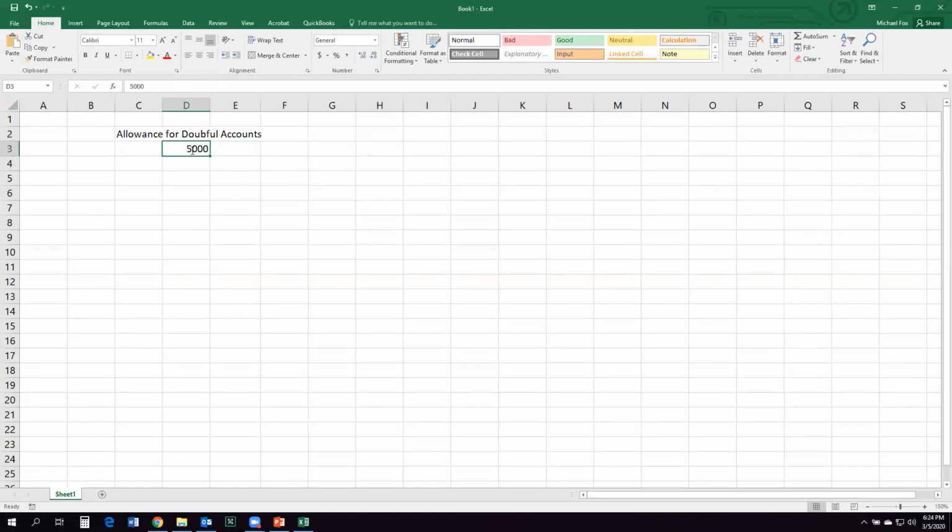Then they wrote off 500, but then they reinstated that 500, right? And then let's say throughout the year they wrote off another 4,000 and another 3,000, and at the end of the year it has a balance of $5,000.